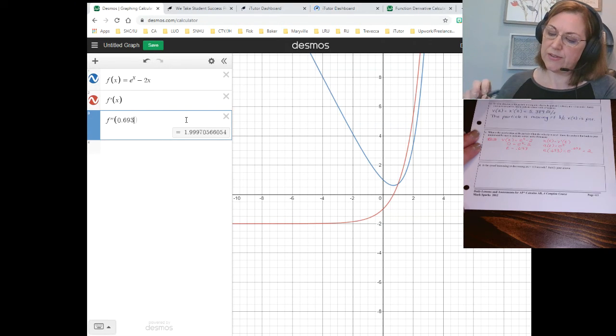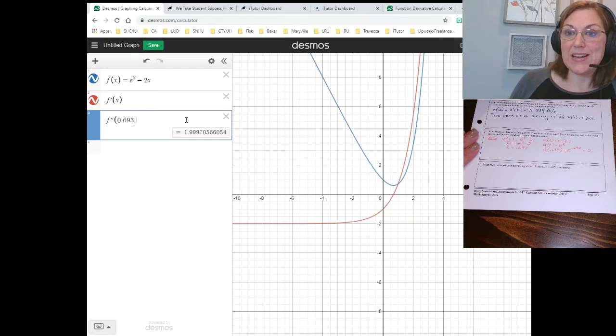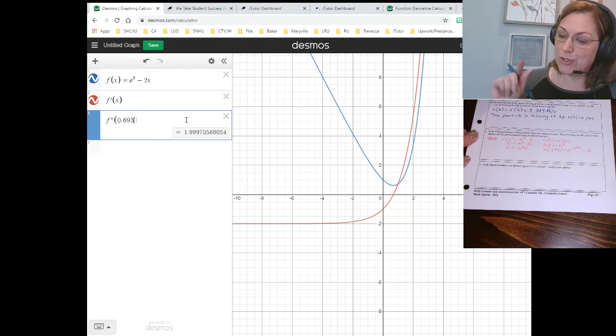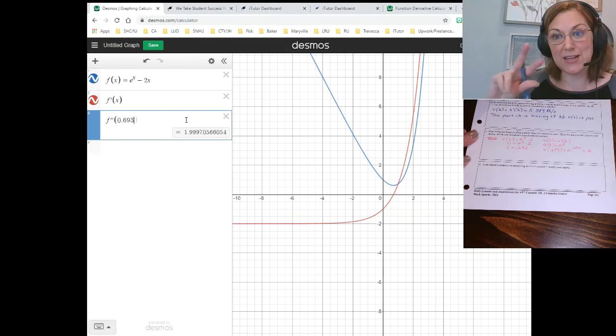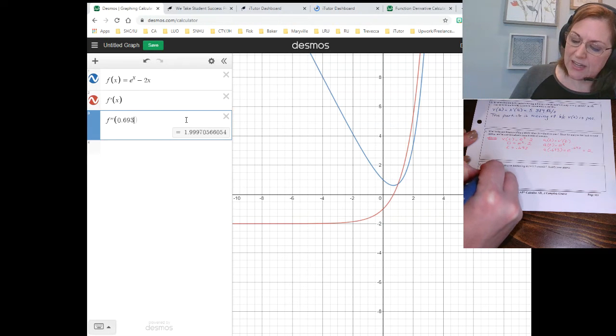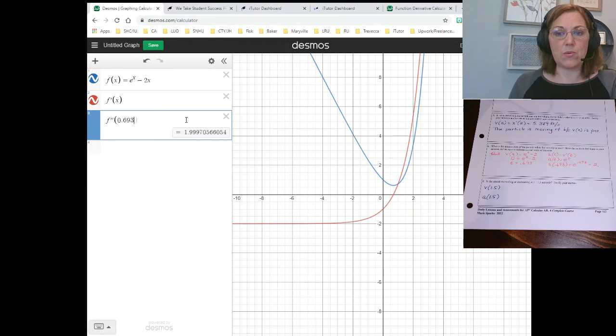All right. D, is the speed increasing or decreasing at 1.5? So remember that in order for speed to be increasing, acceleration and velocity have to have the same sign. Otherwise, it's decreasing. So what we need is the velocity at 1.5 and the acceleration at 1.5. So again, I'm going to my calculator.